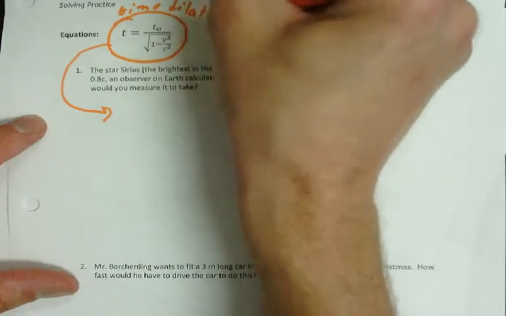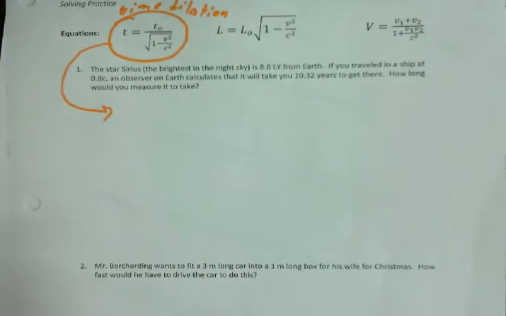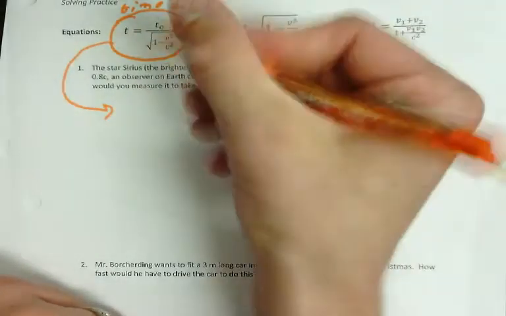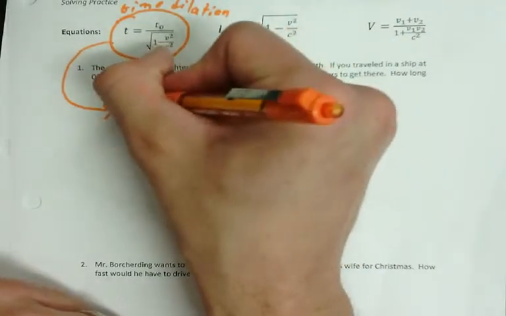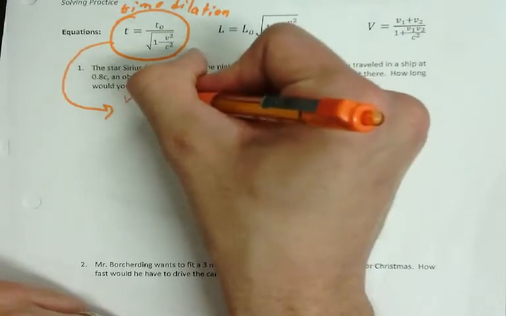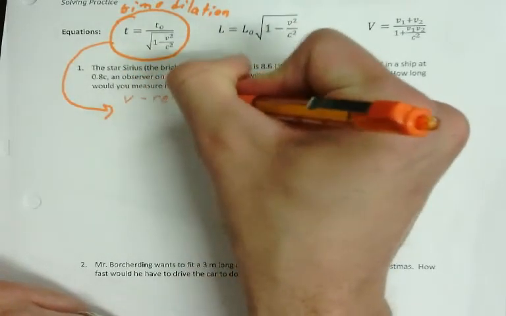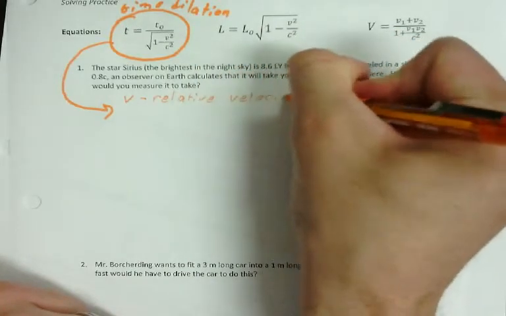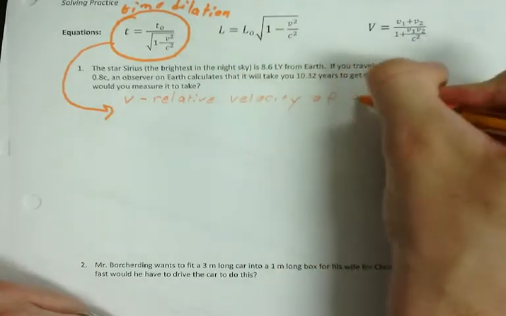Now, let's go ahead and talk about what each of these symbols mean, because there are 4 of them, and I want to make sure you know what they stand for. So, let's start with the easiest one, v. Okay? v is the relative velocity of an object.